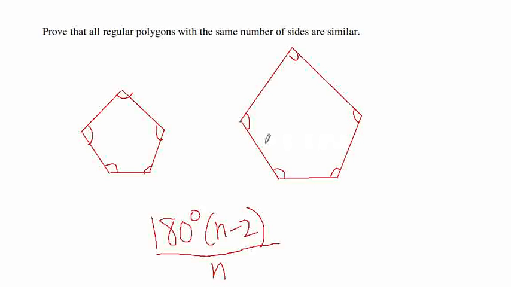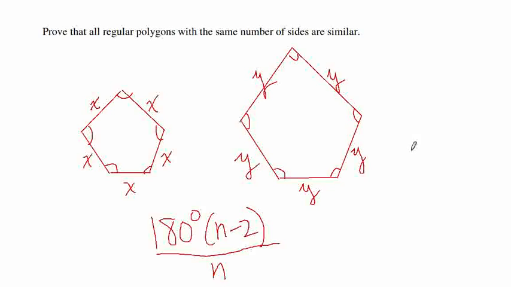Okay? And then we know that each polygon has all sides the same length. So let's say the smaller one had all sides of length x, and let's say the bigger one had all sides of length y. Okay?